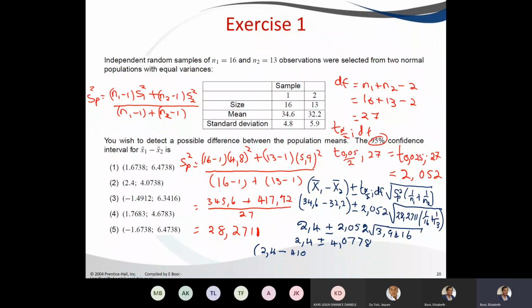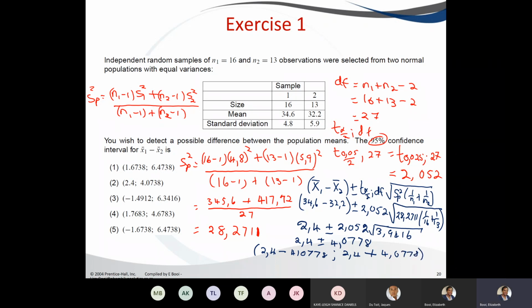Is it visible? And I must also repeat the same, 2,4 plus 4,0778.